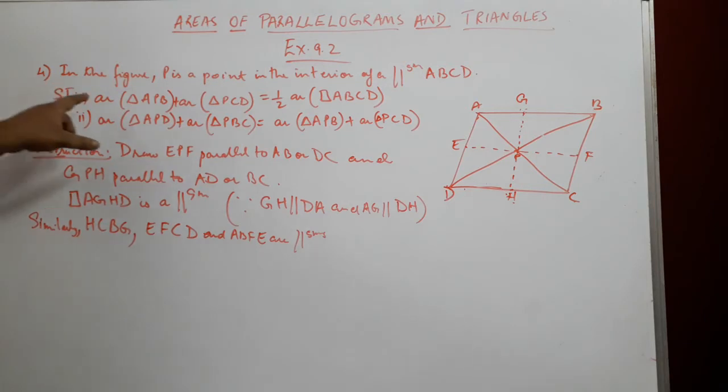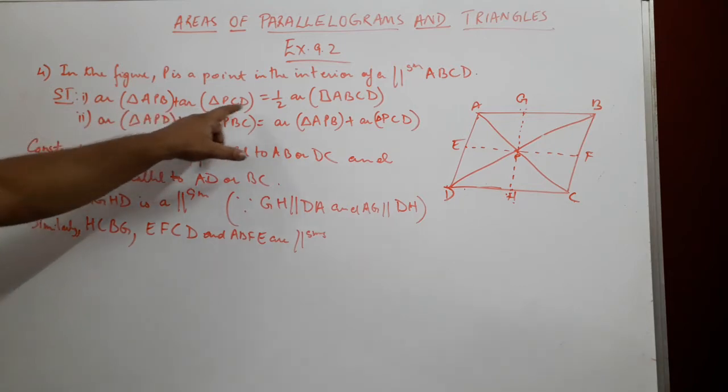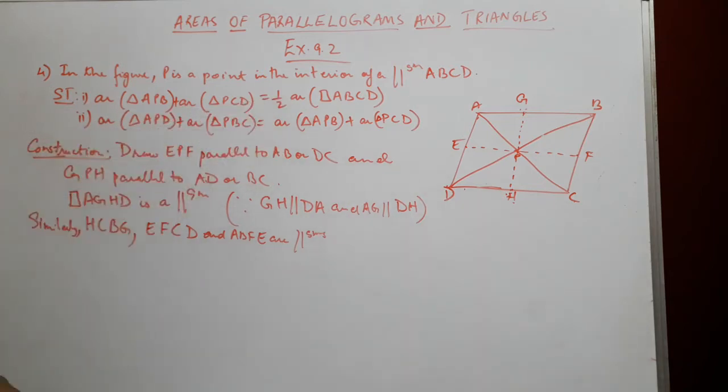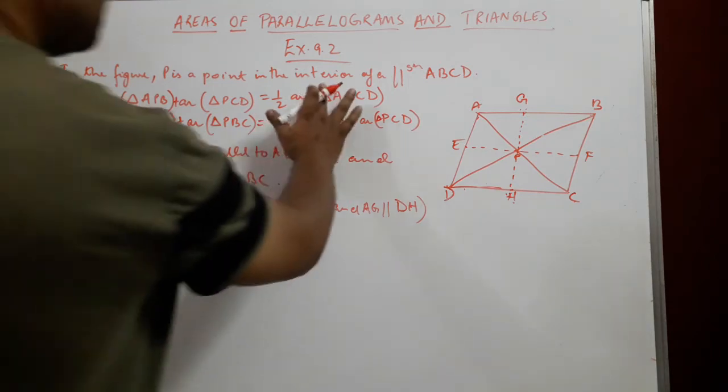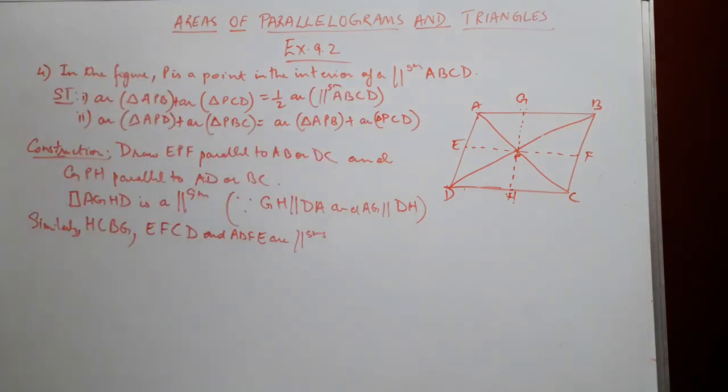So we will focus on showing just the first part, that is area of triangle APB plus area of triangle PCD is equal to half of the area of quadrilateral or parallelogram ABCD. You can say parallelogram ABCD.